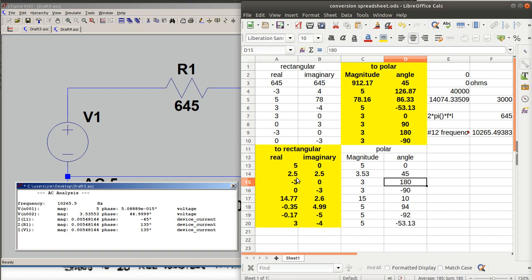So I'm going to subtract from the 5, 0 this other one. So 5 minus 2.5 is 2.5. And 0 minus 2.5 is minus 2.5. So just like I did in the last video, I wound up with 2.5 and minus 2.5.